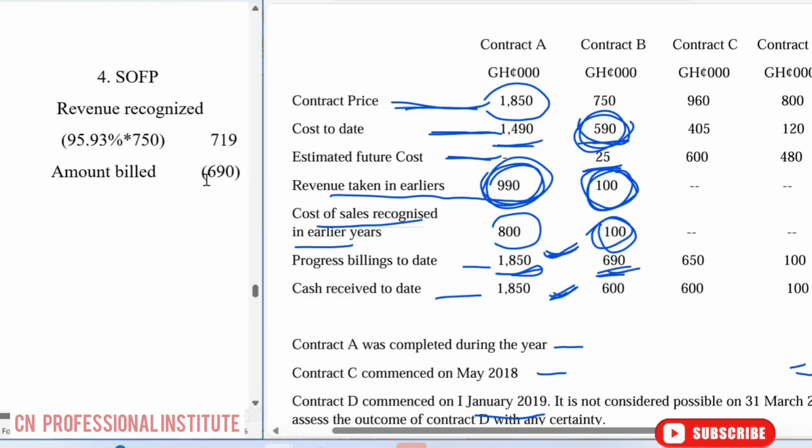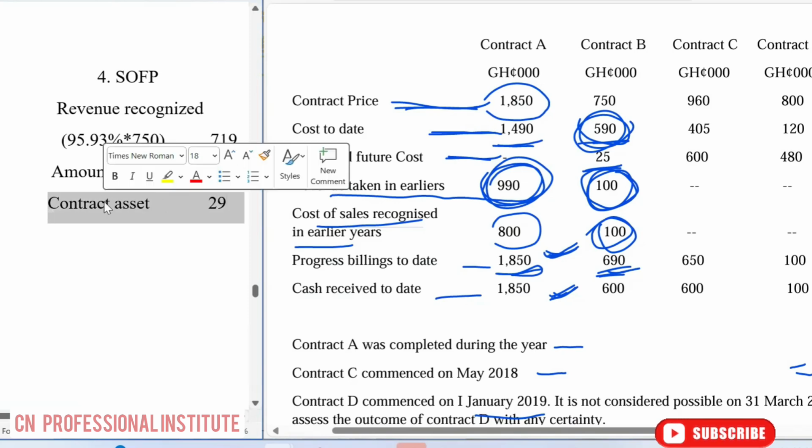And then that will give us 29, if I'm right. So that will be contract assets of 29. This one will be taken to financial position.